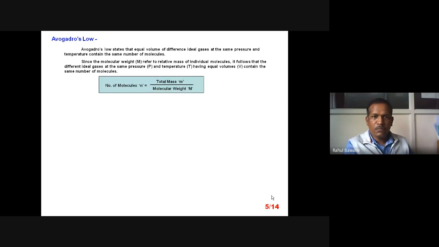How to calculate the number of molecules? The number of molecules can be calculated by the total mass of gas divided by the molecular weight of that particular gas.